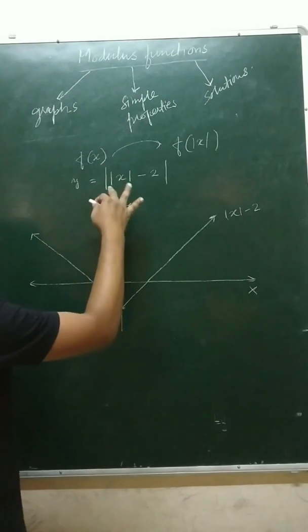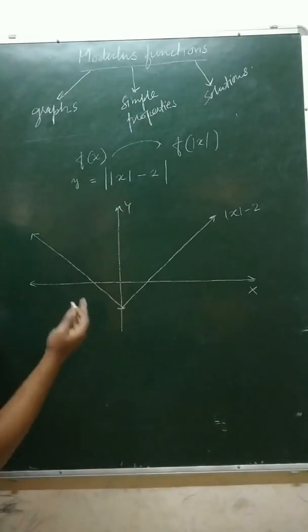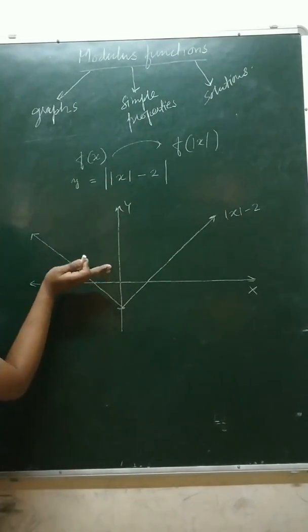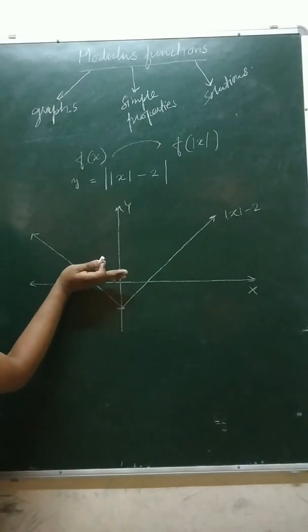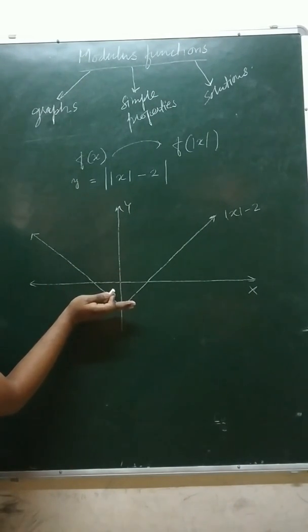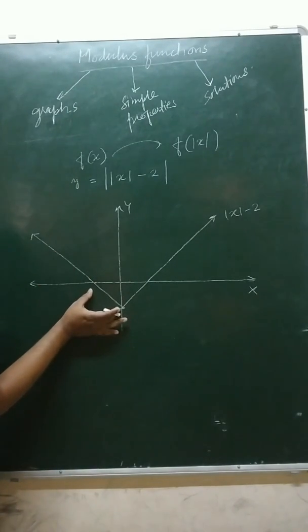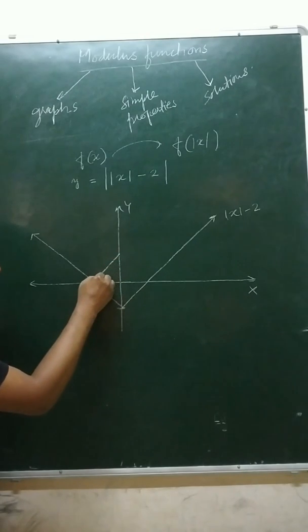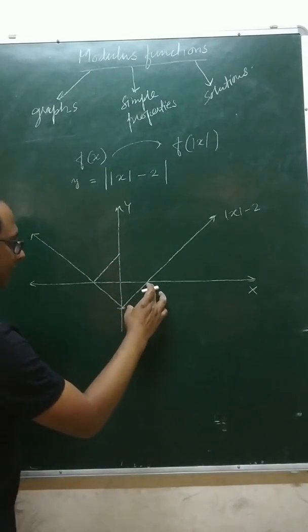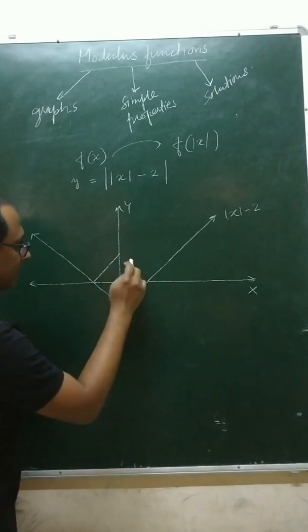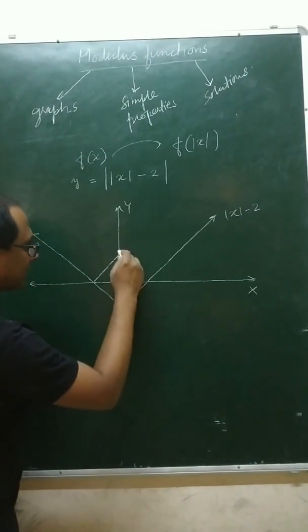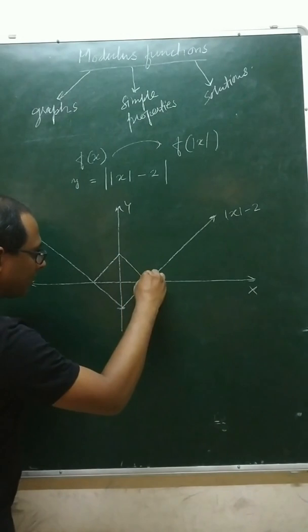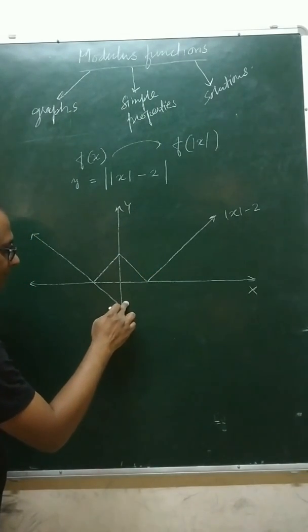Now to draw modulus of x minus 2, all I need to do is take the part of the graph which is lying below the x-axis and take its reflection on the x-axis. This part, we're going to take the reflection of this part on the x-axis, so it will become this. And this part again, lying below the x-axis, we will take the reflection of this part on the x-axis and it will look like this. And we'll discard this graph.